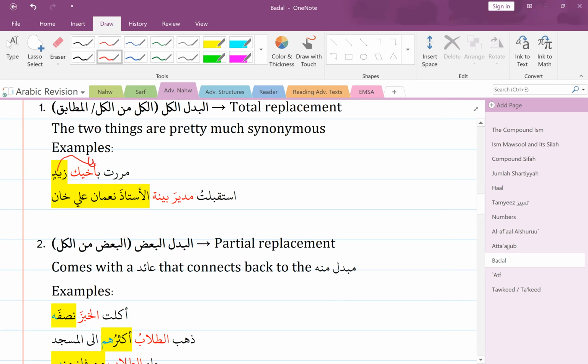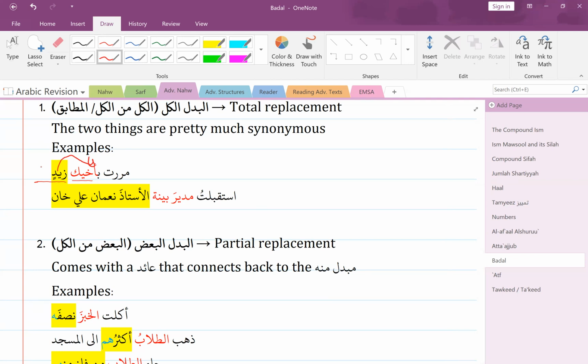When I say marartu bi Zaydin, you know I'm talking about your brother. There's no other person that I'm talking about. Or if I say marartu bi akhika, you know I'm talking about Zayd. I'm not talking about Uthman or Mustafa or somebody else. I'm talking about Zayd, because you only have one brother. So I can replace this word for this word, because there's no other possibility, right?